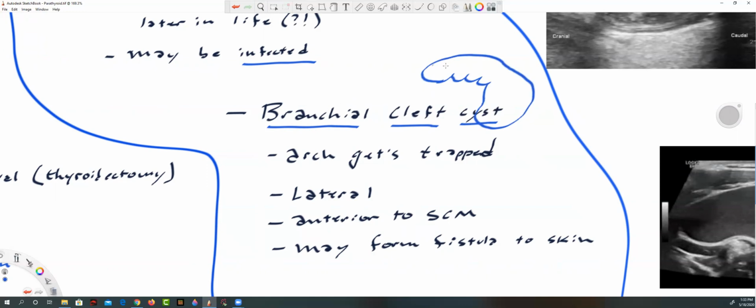The branchial clefts, the branchial ridges, are these things. What these do is they grow on either side of the embryo's future face and neck. They grow together and come together in the middle of the face.